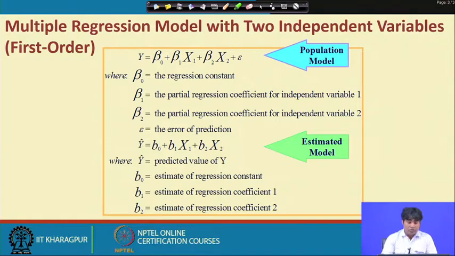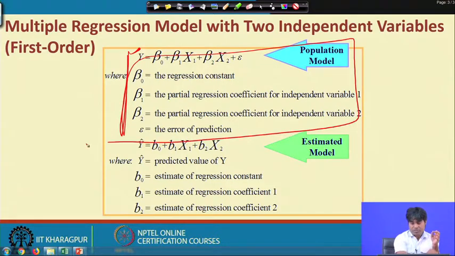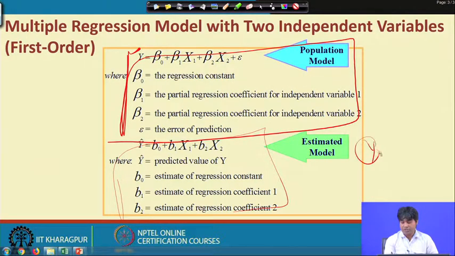So now the general model can be restricted to two independent variables. This is the first requirement, and by using a particular sample, this is the estimated model with respect to the independent variables, that is y, x1 and x2.